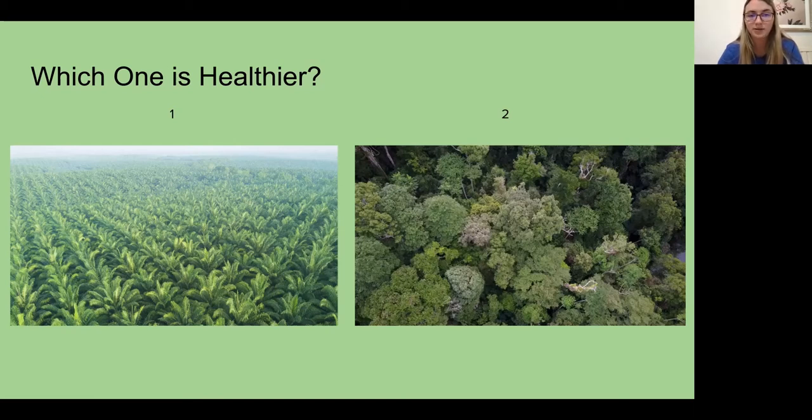But some background on these photos, because I do know a little bit more about at least the forest in photo number 1, is that this forest is actually a palm tree plantation. So this is in Central America where they have cut down the natural forest that looks like this, and they have planted palm trees so that they can harvest palm oil, which is used in lots of different products.